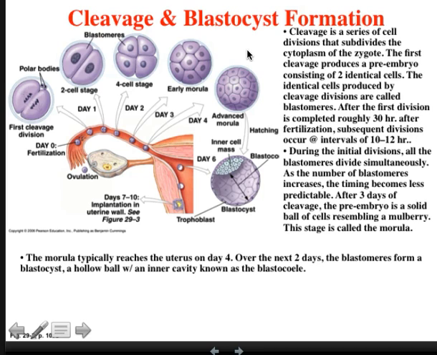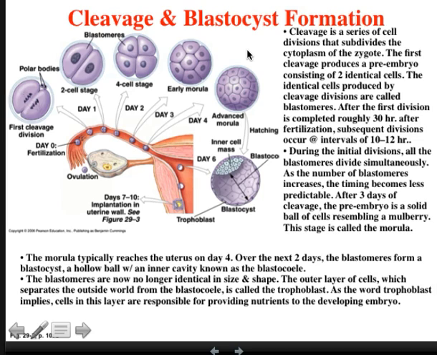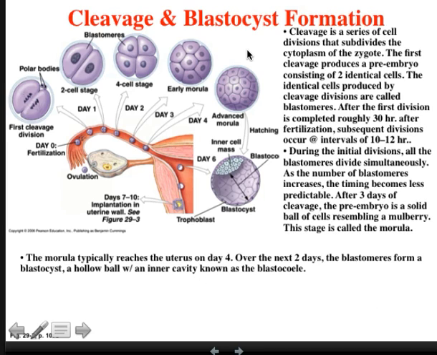Over the next 2 days, the blastomeres form a blastocyst, which is a hollow ball with an inner cavity known as a blastocele. And here you can immediately see with the formation of the inner cell mass in the blastocele that the cells have undergone different events as a result of the creation of these different areas of tissue. The inner cell mass is eventually going to be the embryo proper.